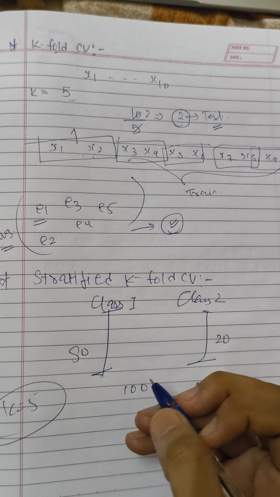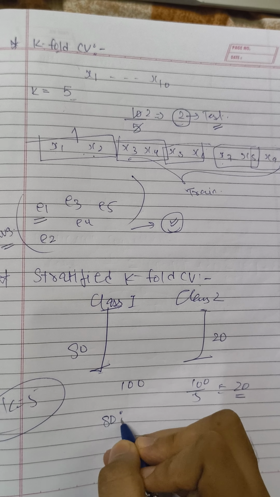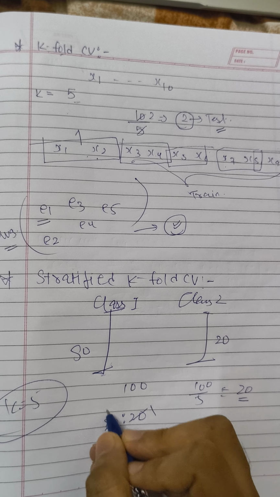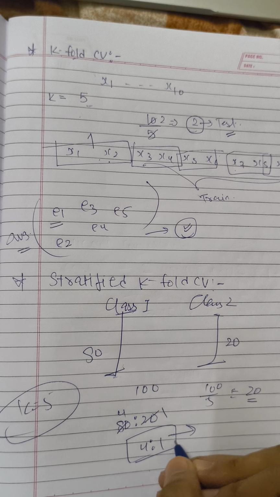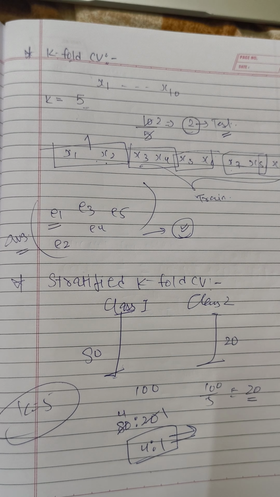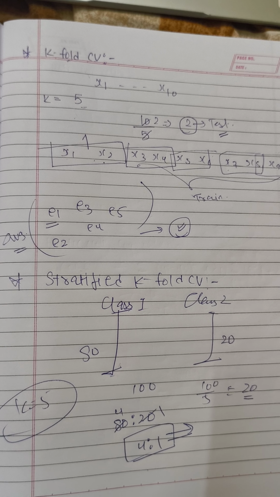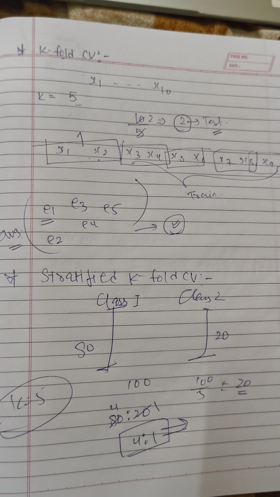Here we calculate the ratio. Suppose my ratio is 80 to 20, that is 4 to 1. It checks the ratio of the data points in all the classes that are present.